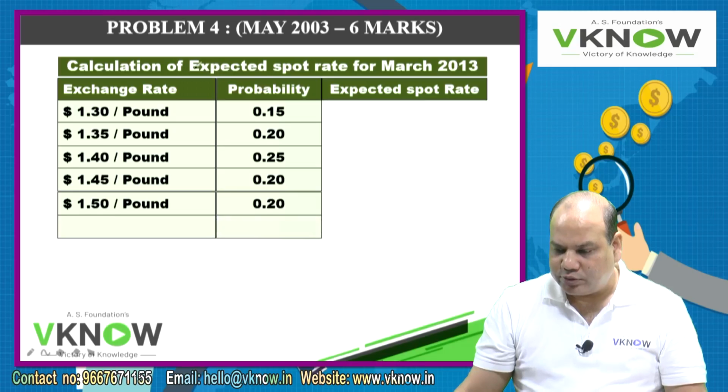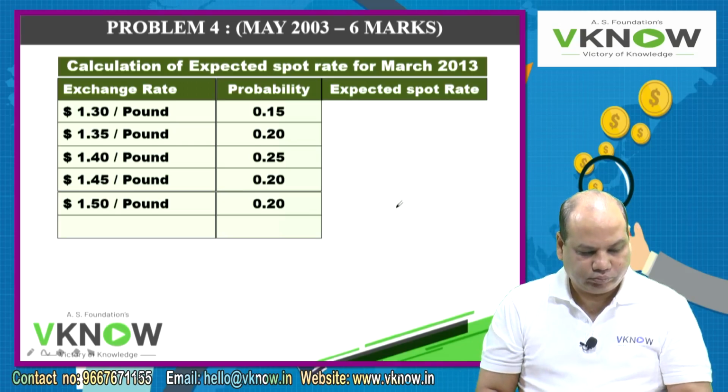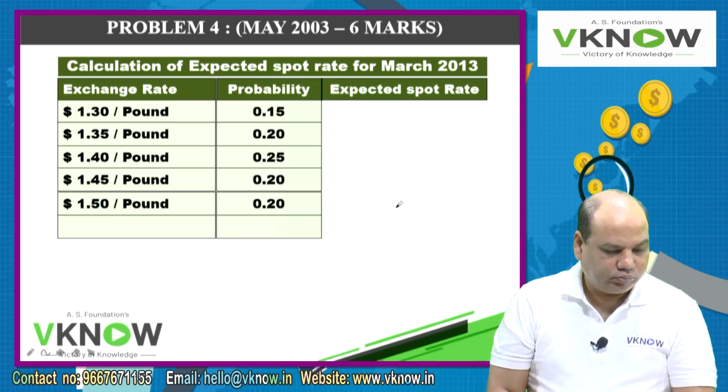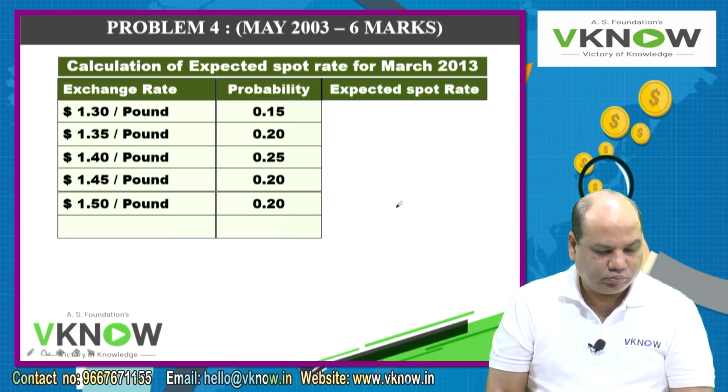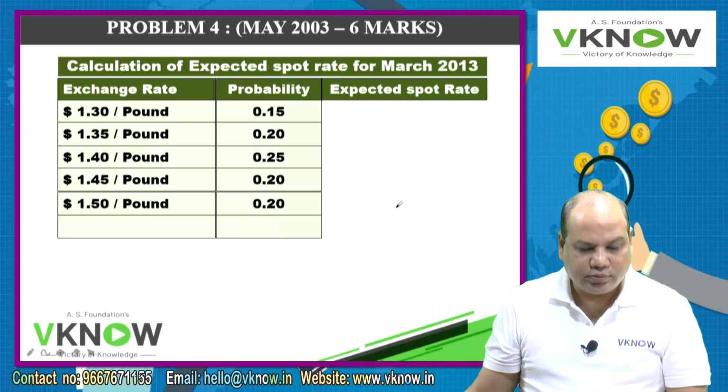Just draw 3 columns: exchange rate, probability, expected spot rate, and you have to multiply these 2 columns and take the total. Solve, take the answer.